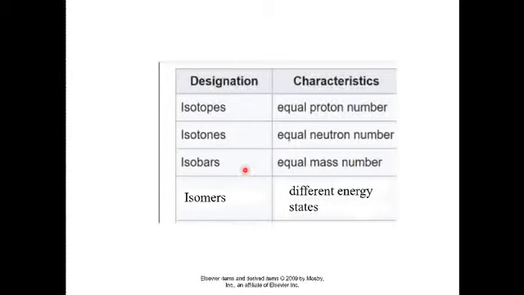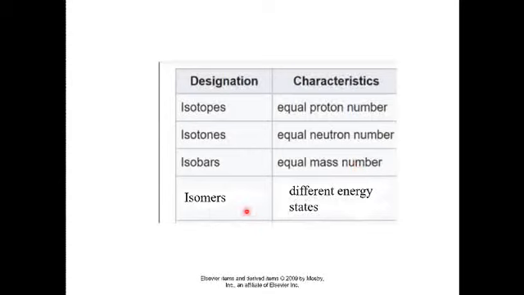Then we're going to move down to isobars. So isobars have equal atomic mass number. So same atomic mass, but different atomic number. Again, same atomic mass, but different atomic number, that's your number of protons. And then finally, isomers.